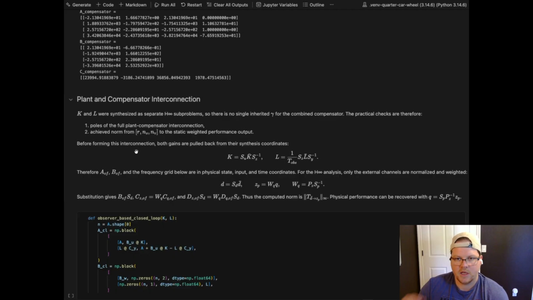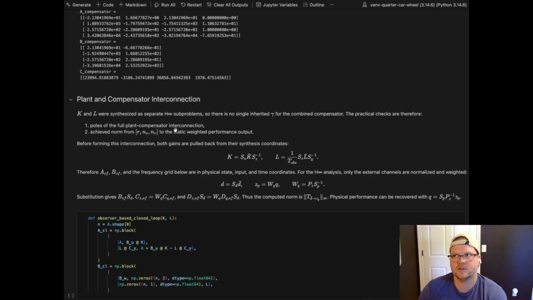That's what I'm alluding to here. So we don't have this joint gamma certificate for the joint compensator, which is why there are these partial checks. We did the check for state feedback, we did the check for the observer, and together we can do the same H infinity norm.